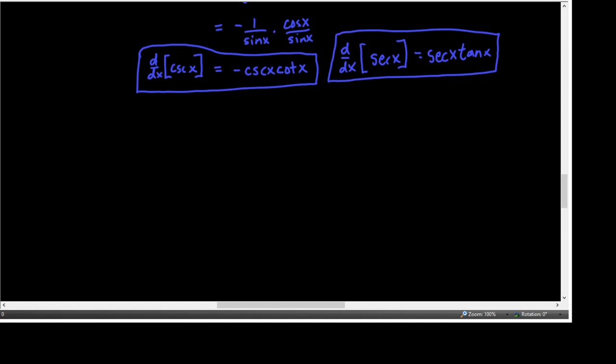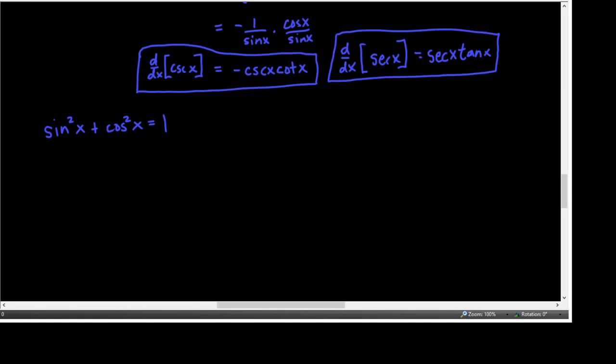Okay, so we were talking a little bit ago about the Pythagorean identity, sine squared x plus cosine squared x equals 1. There are other Pythagorean identities that are important, which I'd like to review with you.